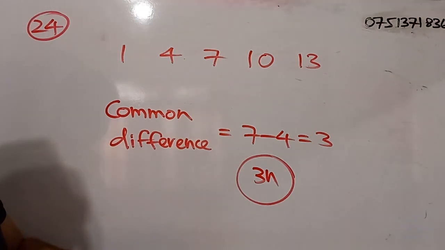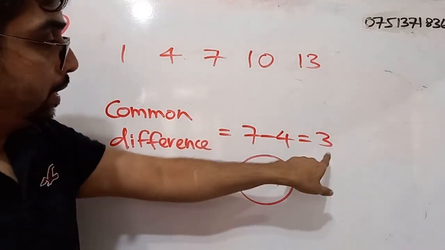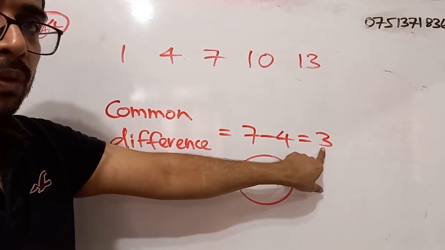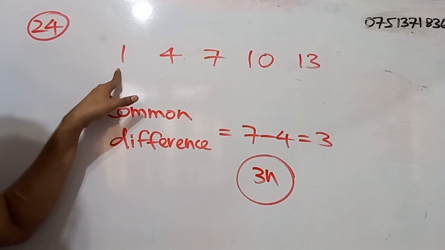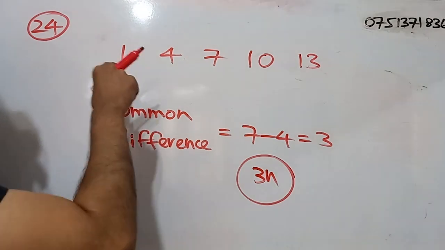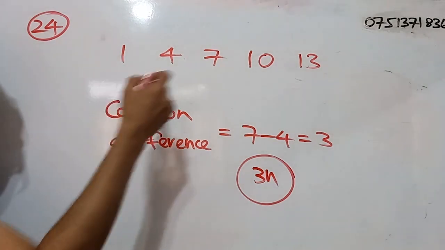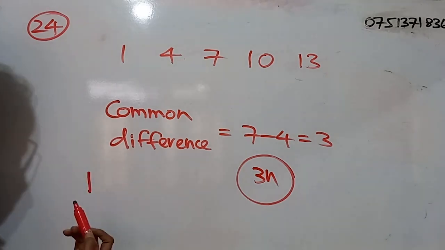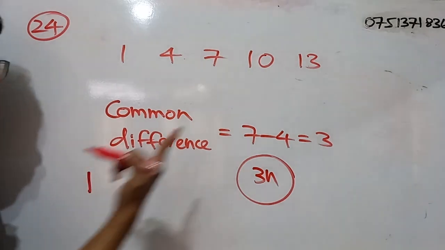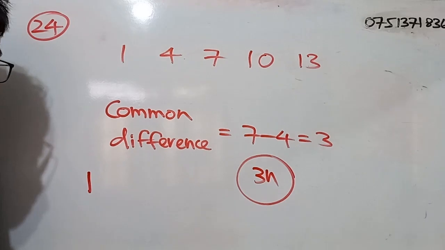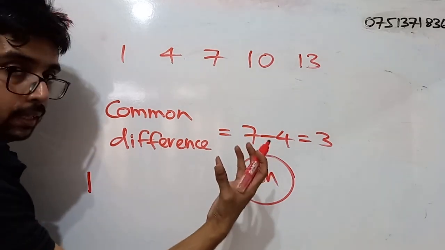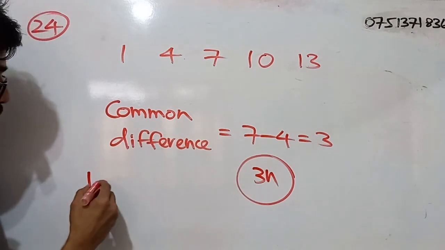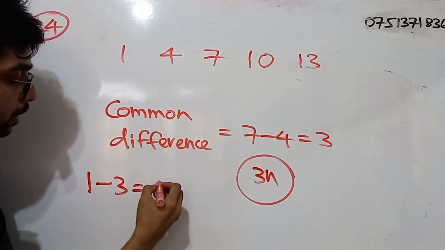What's the next thing that we need to do? This is the common difference now. Right? This is the common difference. This is the first term. What do we need to do? We need to take the first term of the number sequence and take the common difference, which is 3, and we need to subtract 3 from 1. So 1 minus 3, what do we get?